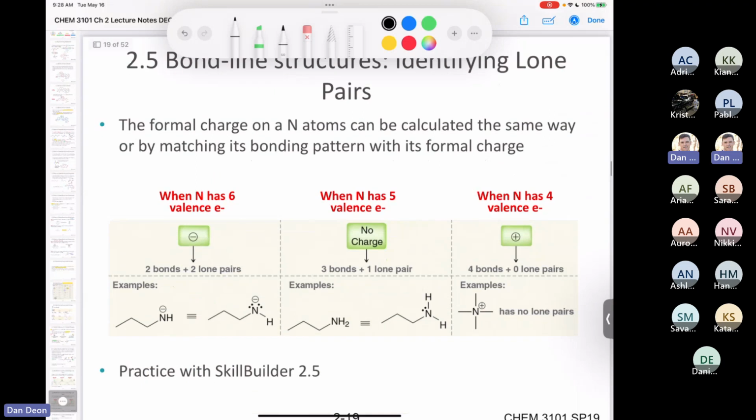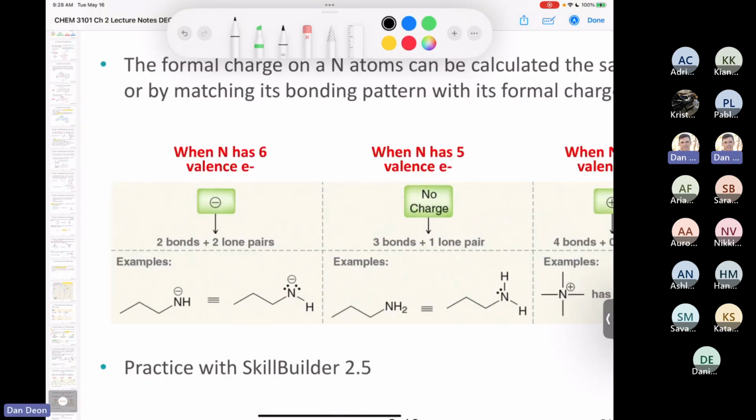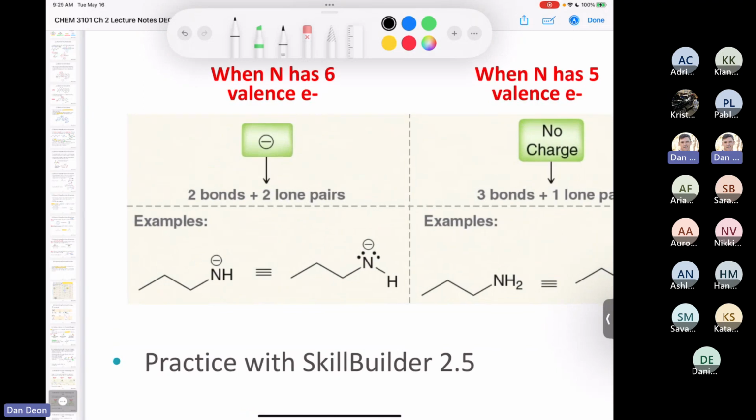What about nitrogen? It's another heteroatom that we're going to see a lot of. Going a little bit faster now, when nitrogen has 2 bonds and 2 lone pairs, it has a -1 charge. So what does that mean? It's implied that if you see a nitrogen with a minus charge on it, there are 1, 2 lone pairs on it. You need to be able to see that in your mind's eye. And since you probably can't at this point, that's why you should always draw them in.